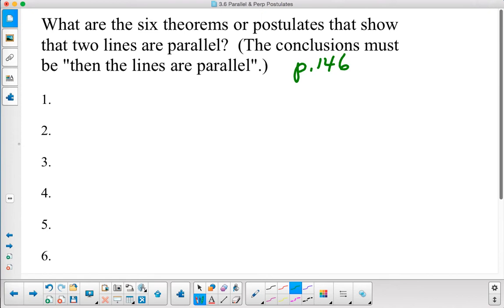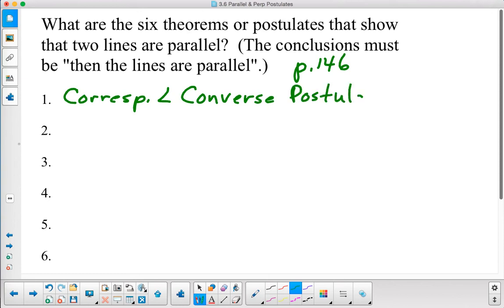So the first one was the corresponding angle converse postulate. Then the alternate interior angle converse theorem.